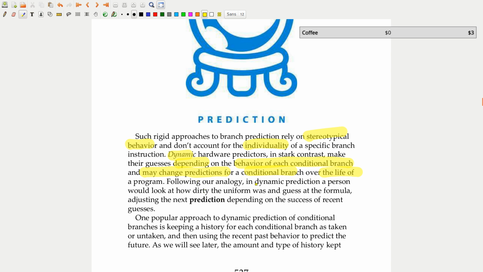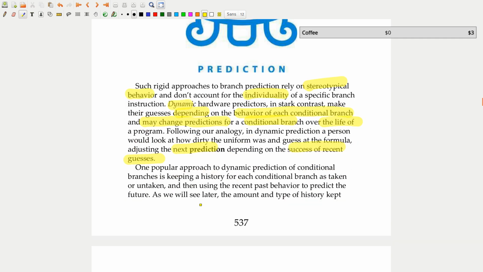Following our analogy, in dynamic prediction, a person would look at how dirty the uniform was and guess at the formula, adjusting the next prediction depending on the success of the recent guess. So this basically says we can use our previous history and our current knowledge to make a better prediction than only having a set guess.